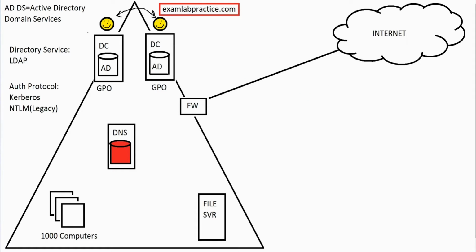I now want to talk about some concepts that are also the foundation of how we've done things over the years. It's important to understand how we've done things over the years so we can understand how things are now. So looking back, we have an Active Directory domain, ADDS as it's called, Active Directory Domain Services, which uses LDAP, Lightweight Directory Access Protocol, which uses Kerberos for authentication, or for the legacy devices back in the 90s that used NTLM, New Technology LAN Manager, which isn't all very new these days.